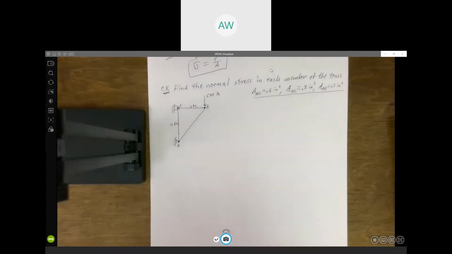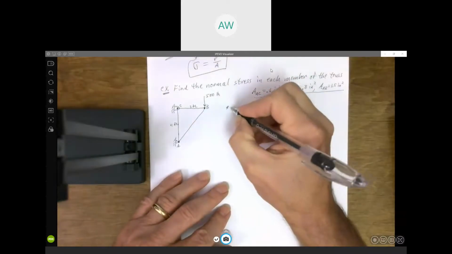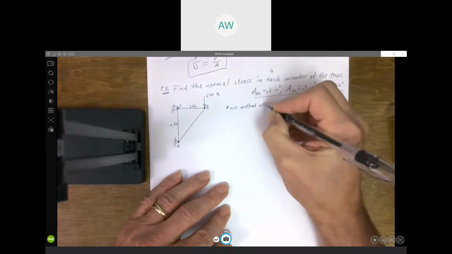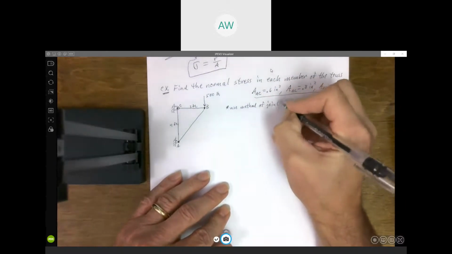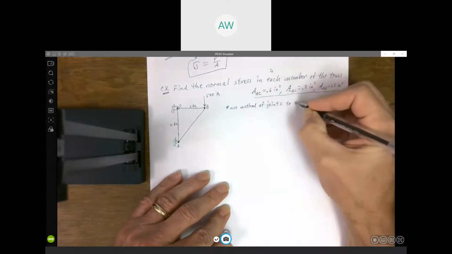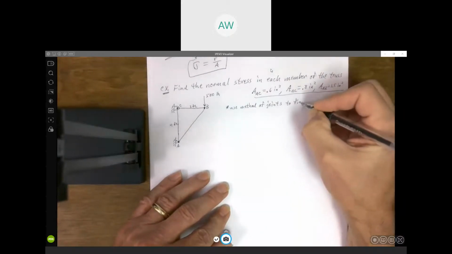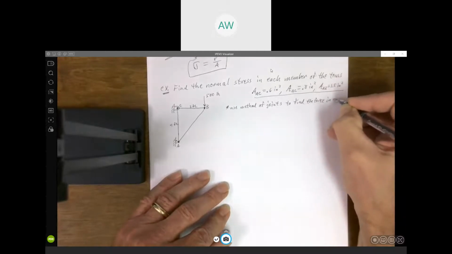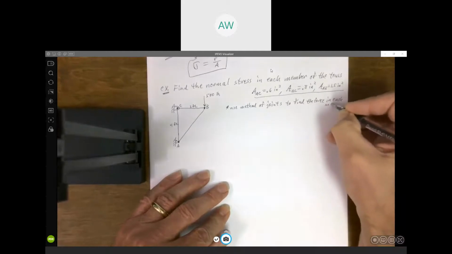But in this case, if we want to know what the stress is in every member of this truss, we need to know what the force is in every member of the truss. And so the best way to do that is the method of joints. So that's what we're going to do here, use the method of joints, again, to find the force in each member.